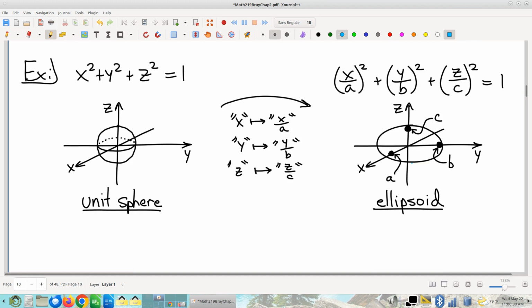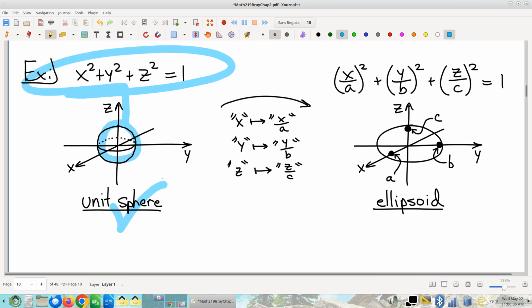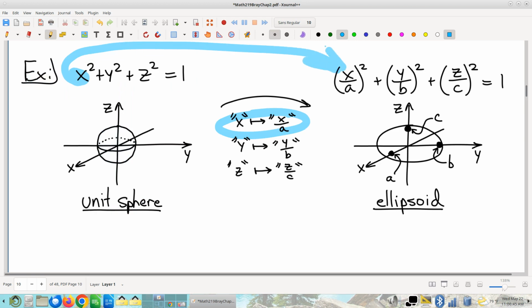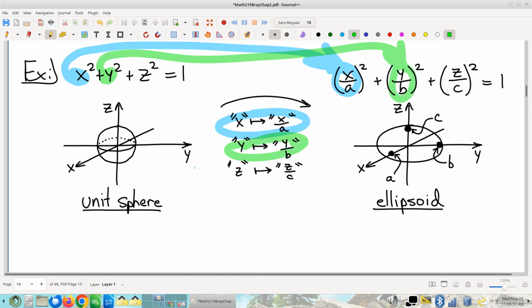We're not going to spend a whole bunch of time on this, but that's obviously the unit sphere. No problem there. I can take that unit sphere and make certain changes to it. I can replace every x with x over a, every y with y over b, and every z with z over c. Right?